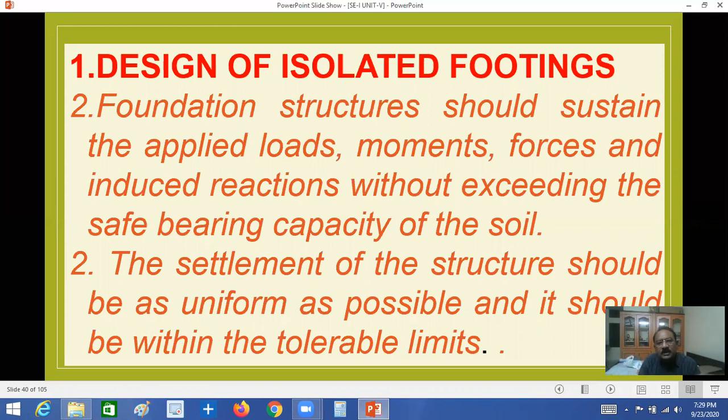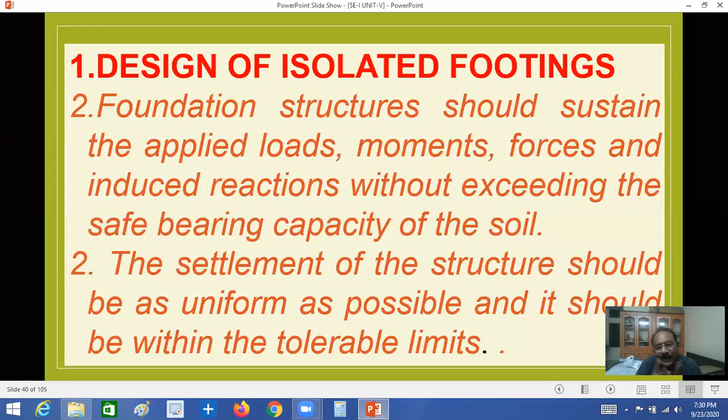This foundation structure sustains the applied loads from the top floor to the bottom, moments and forces and induced reactions, without exceeding the safe bearing capacity of the soil. For weak soils, the safe bearing capacity will be less, and for strong soils, moorum soils or rock soils, the safe bearing capacity will be more.